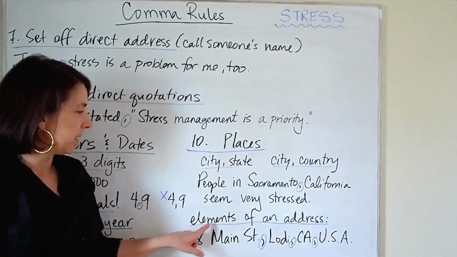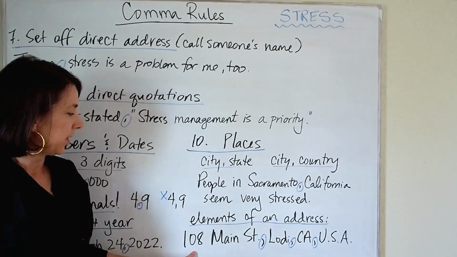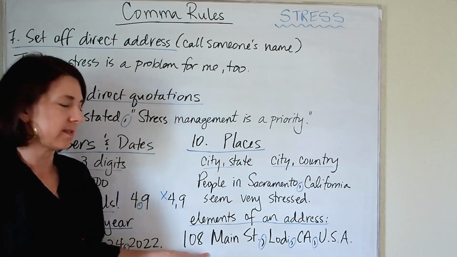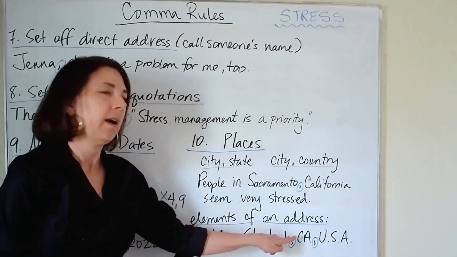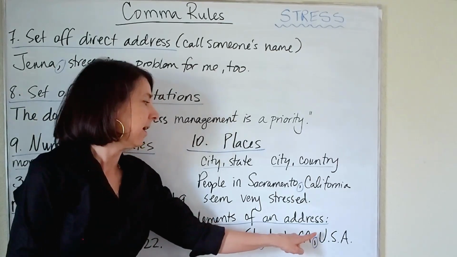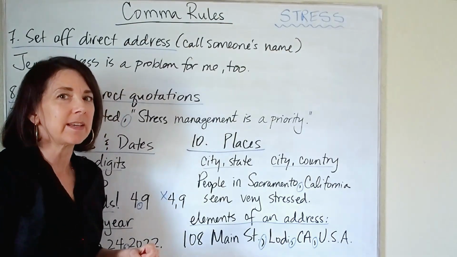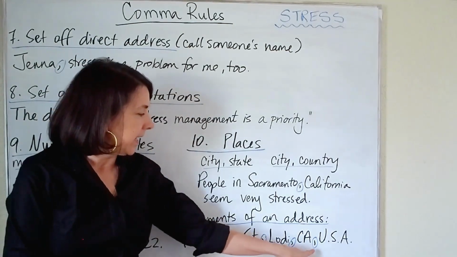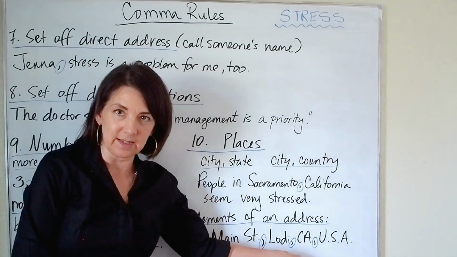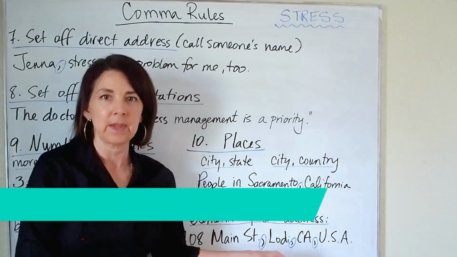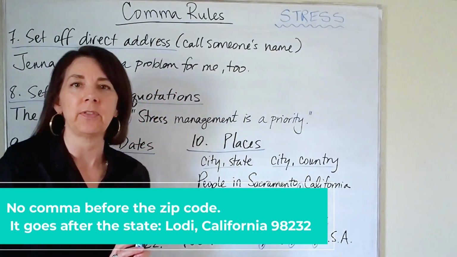And between the elements of an address, for example, 108 Main Street, so here's the number and the street. Then we put a comma, the city, comma, the state, comma, the country. The only exception to this, and this one is tricky, is that if we include the zip code, it goes after the state and there's no comma.